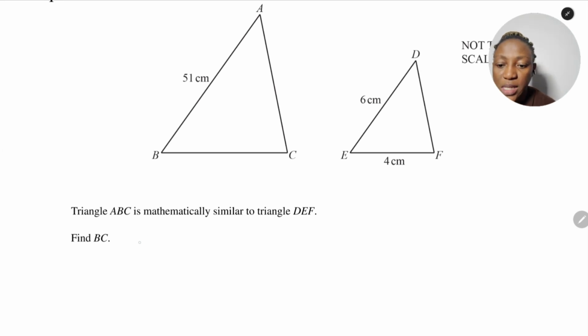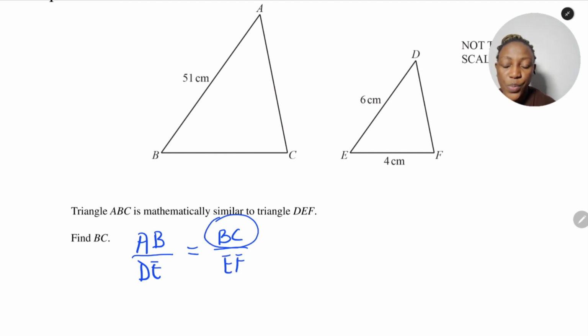So I know that AB over DE is going to give me the same thing as BC over EF. Notice that we've been asked to look for BC. AB over DE and BC over EF are what is going to give us our scale factor.